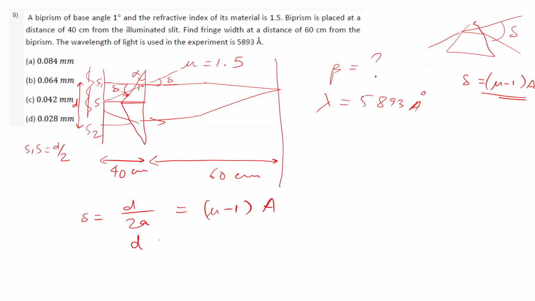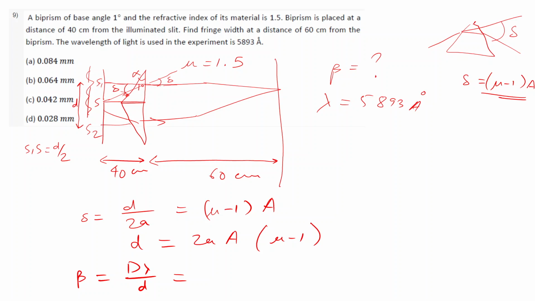From here d will be 2a times alpha multiplied by mu minus 1. This is the separation between the two virtual sources. Now fringe width is given by capital D lambda by small d. We did all this because we were not given small d, so we used the angle of deviation property to find d.